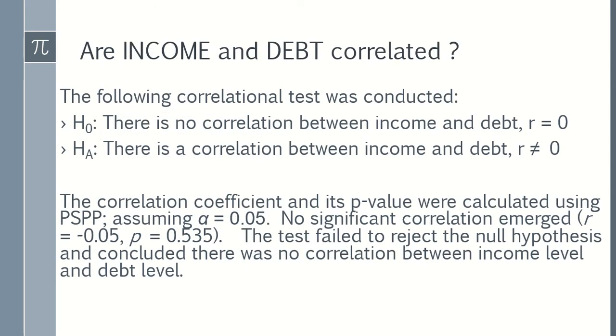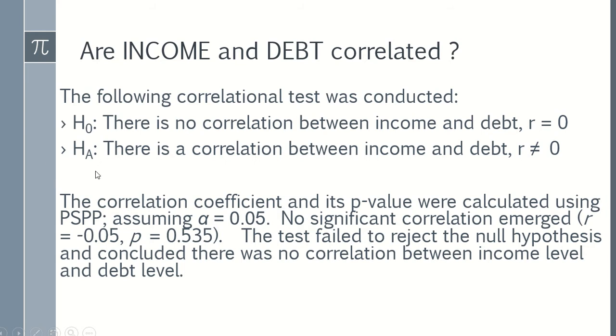Now, looking at the first set of variables, income and debt. We conducted the following correlational test. The null hypothesis is that there is no correlation between income and debt and that the correlation coefficient is 0.